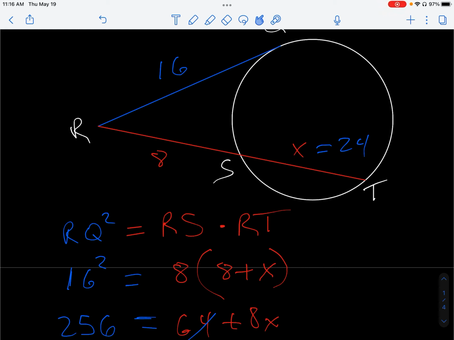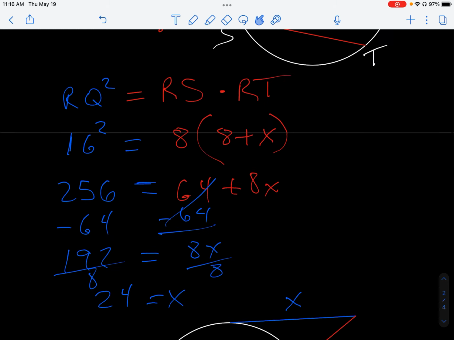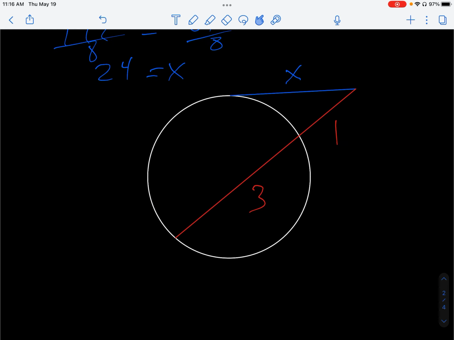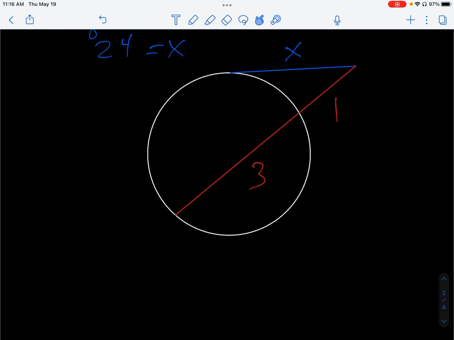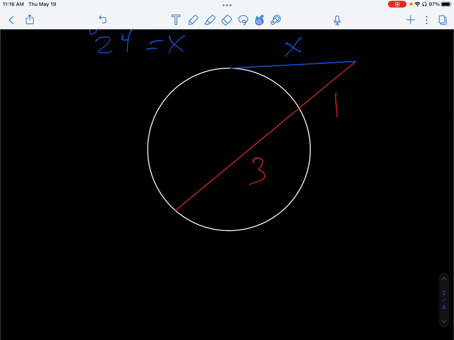Now, since we're going to have squares, square roots, and numbers times numbers, sometimes we may have to factor these things. So let's look at a couple more examples and get a little more confidence. So X is the tangent.